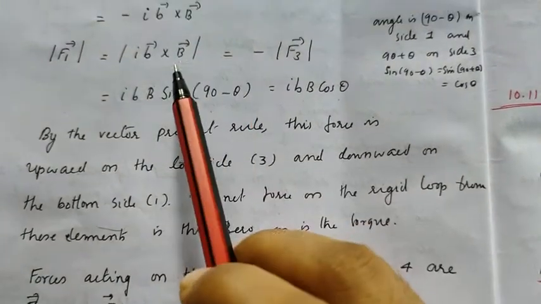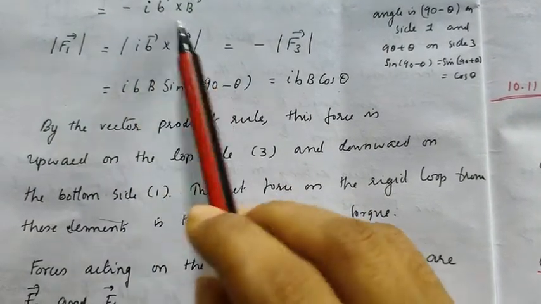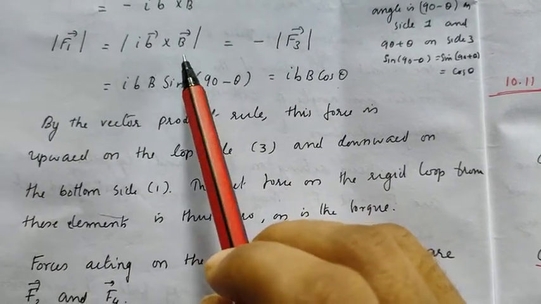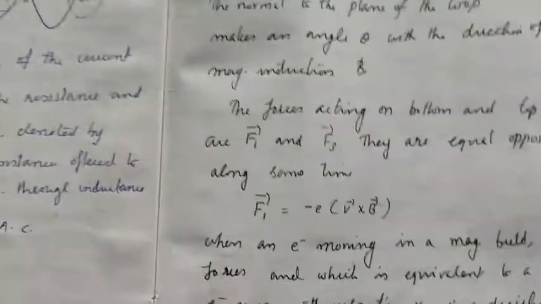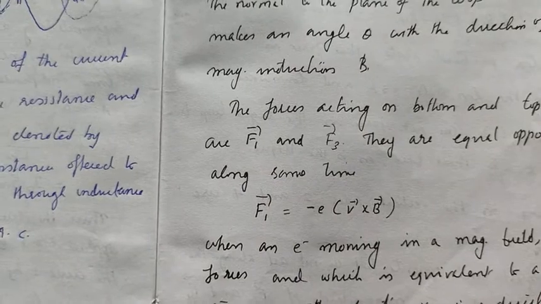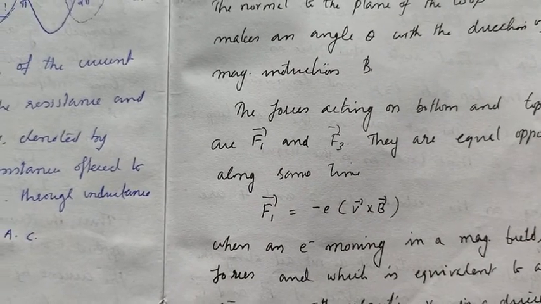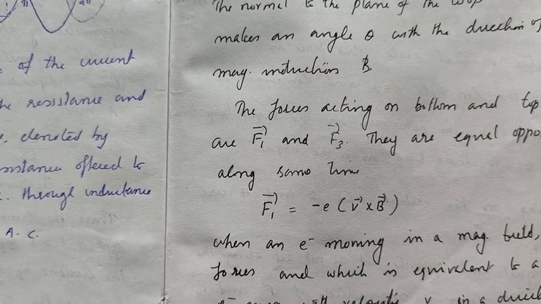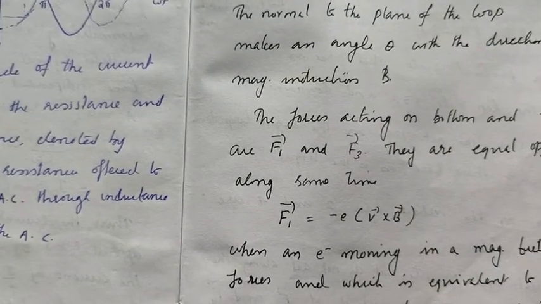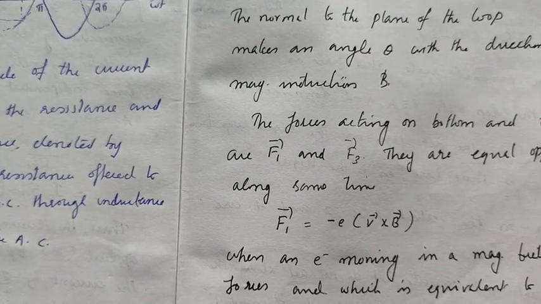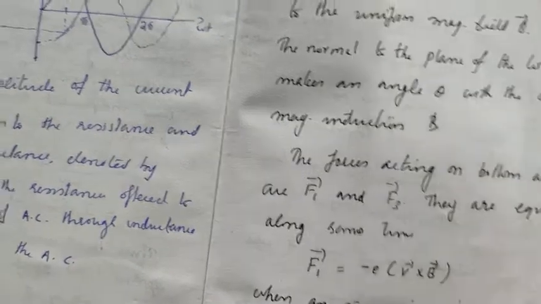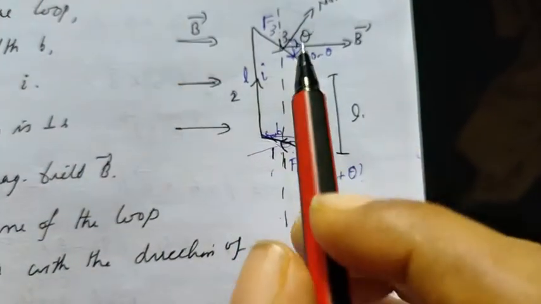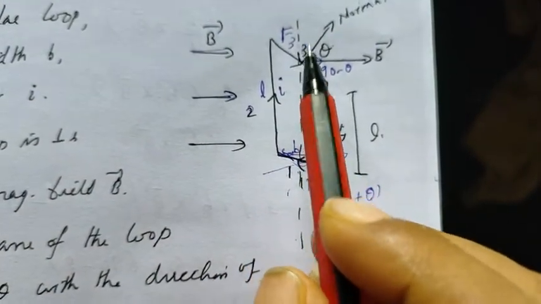So if we take this cross product, B cross B, if we take the directions of this B cross B along the bottom side, we will get z cross x direction, that is in the minus y direction along y at the bottom side, and y direction in the top side.